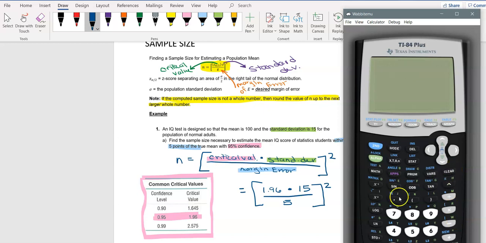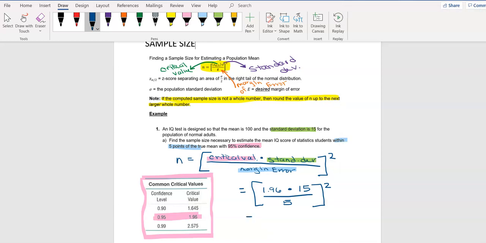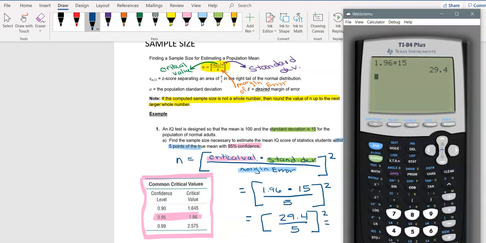So I'm going to put in 1.96 times 15. That's going to give me 29.4. I'm going to divide that by 5. Let me bring back that calculator.